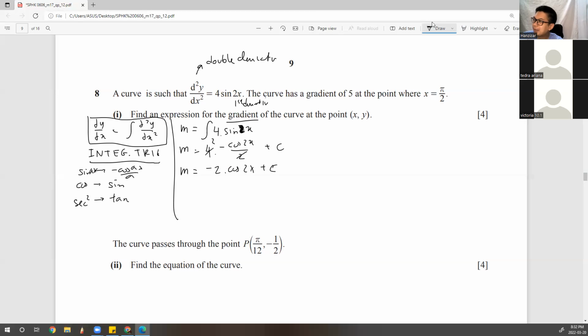So the m equals 5 when x equals pi over 2. If you are not familiar with pi over 2, you can use the degree with angle, or you can just simply put it on your calculator. Give me a moment, I'm opening the calculator.